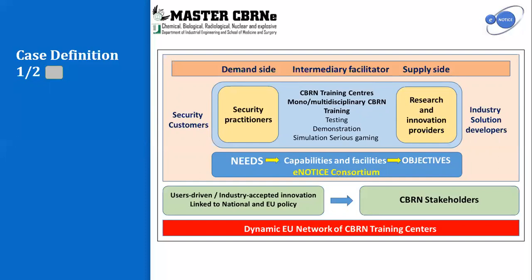Of course, as I've already said in the first part of the presentation dedicated to the eNOTICE project, we have not defined a network dedicated only to security practitioners and research and innovation providers, but of course these two are the main actors. Then we imagine that also other stakeholders could be involved in the network.